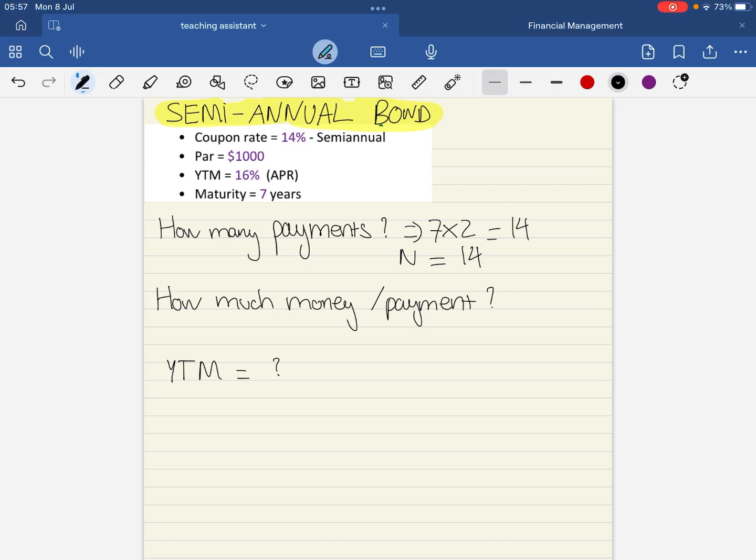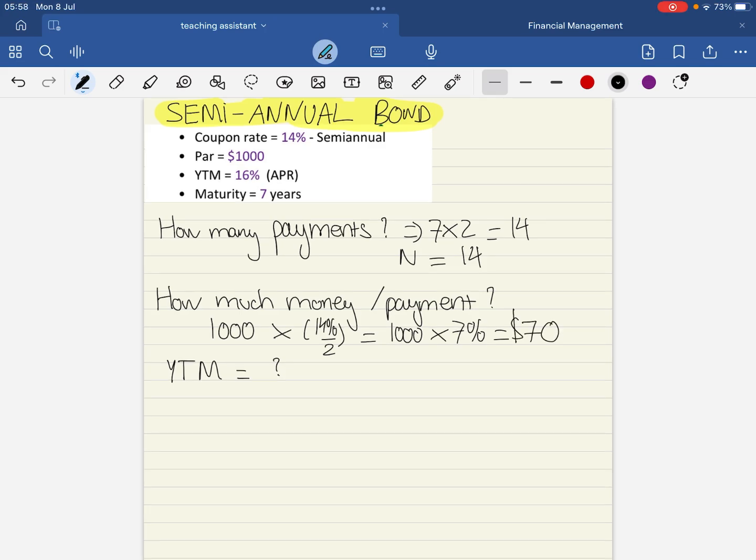So how much money per payment? The coupon rate is 14%, but because it's semi-annual, we have to take 14% divided by 2. So how much money are we going to receive? It's going to be 1000 times 14% divided by 2, which is basically 1000 times 7%. And this will be equal to 70 USD.